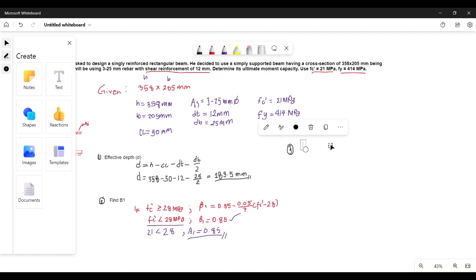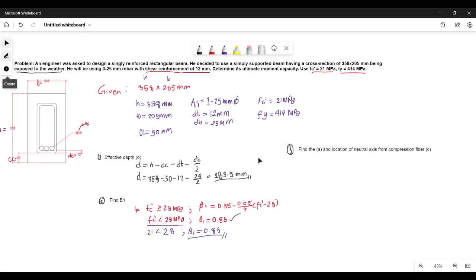We have to find the a, and also the location of neutral axis from compression fiber, denoted as c. After finding beta 1 and the effective depth, we have to find our location of neutral axis from the compression fiber, or c, and also the a.